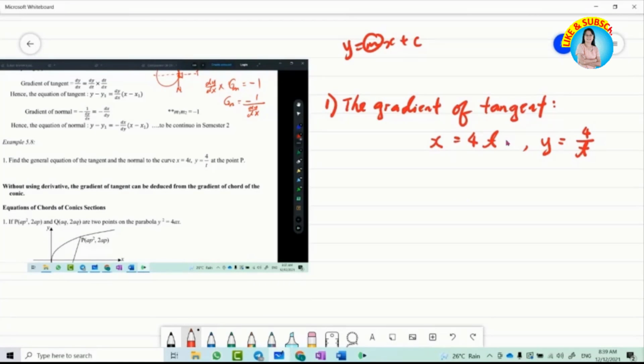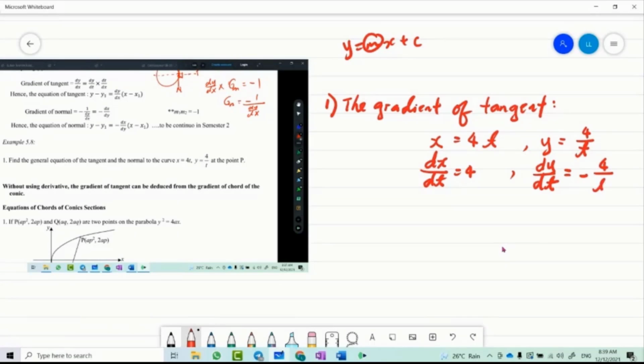So dx/dt is 4. Now dy/dt: because this one is in t, so we differentiate with respect to t. When you differentiate, you should get -4/t squared.